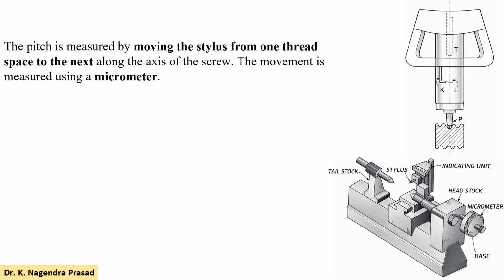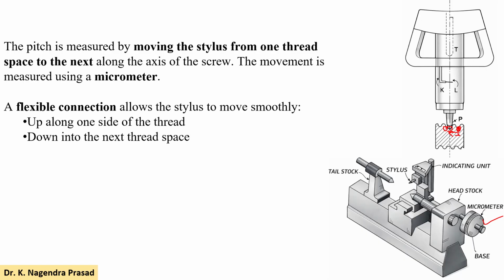This movement is measured using a micrometer. A flexible connection allows the stylus to move smoothly up along one side of the thread and down into the next thread space.